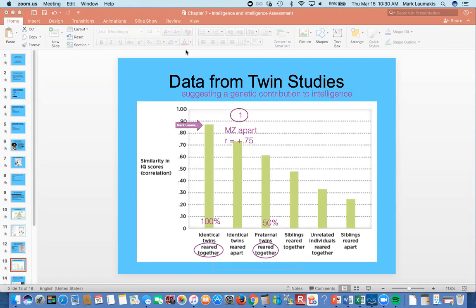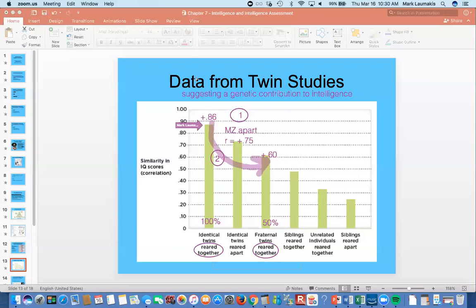So this correlation coefficient, again, you don't need to memorize the numbers, is about positive 0.86. This correlation coefficient over here is about positive 0.60. Here's what I always do with this. This decrease from 0.86 to 0.60 is the second piece of evidence that suggests a genetic contribution to intelligence.